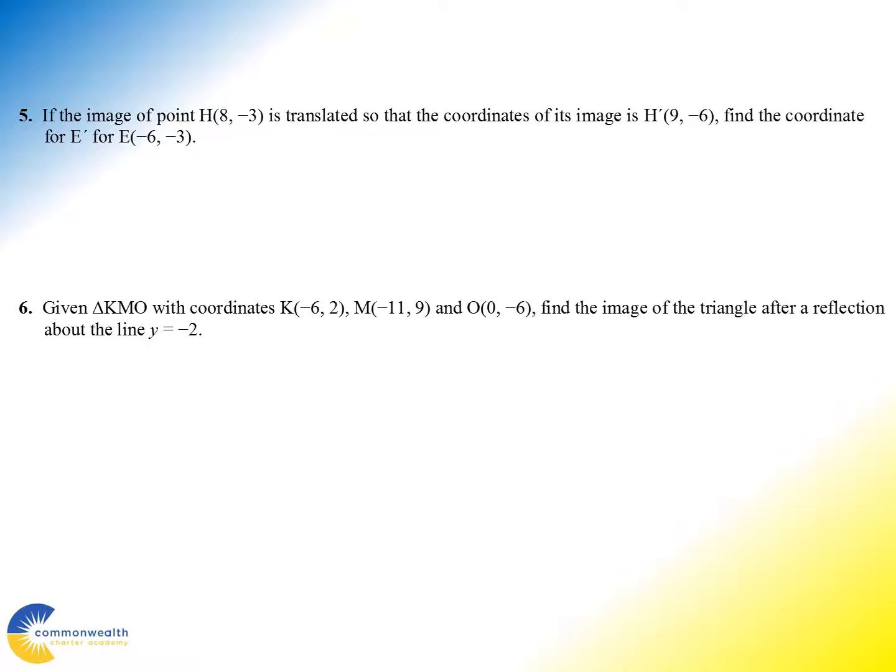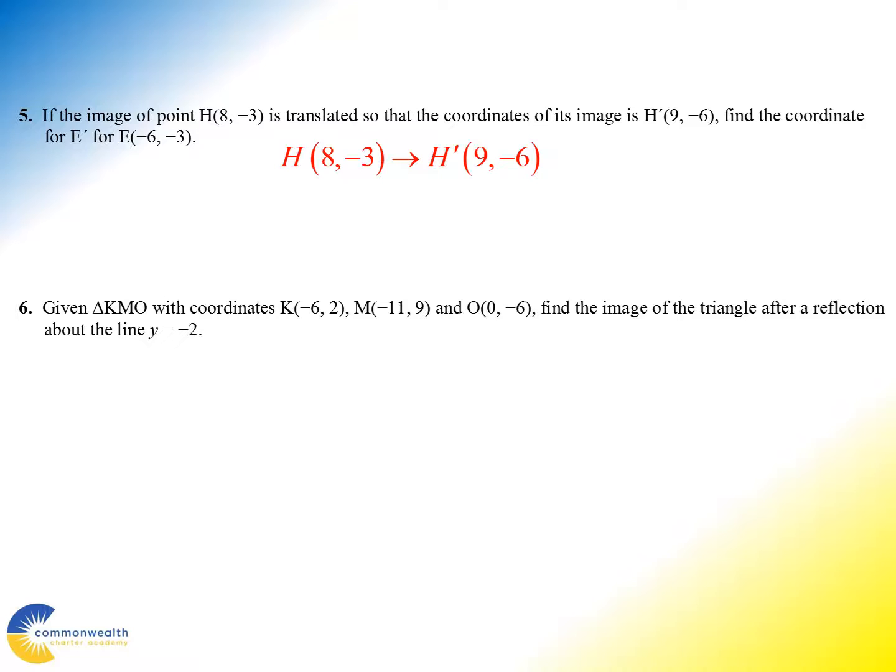If the point H at 8, negative 3 is translated so that the coordinates of its image are at H prime 9, comma, negative 6, find the coordinate of the image of E if E is at negative 6, negative 3. So what I need to do is come up with a translation rule here based off of what I'm seeing going from H to H prime.